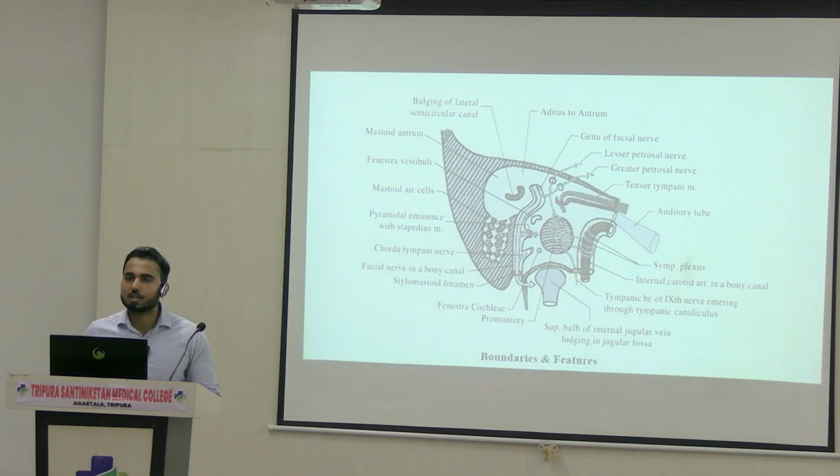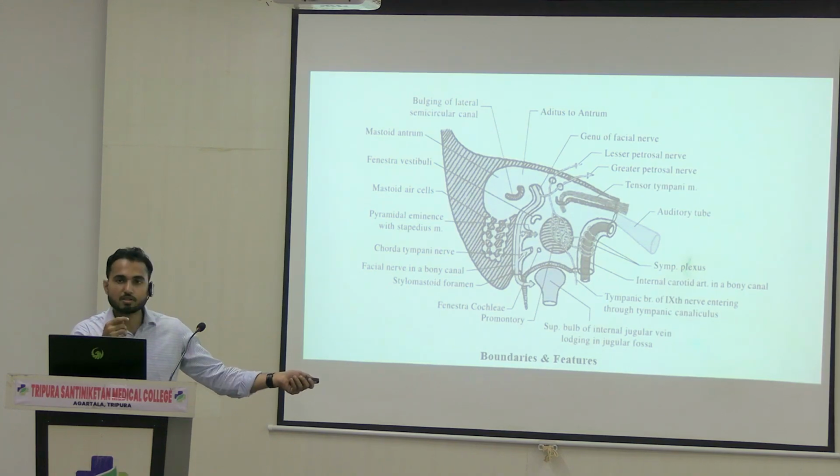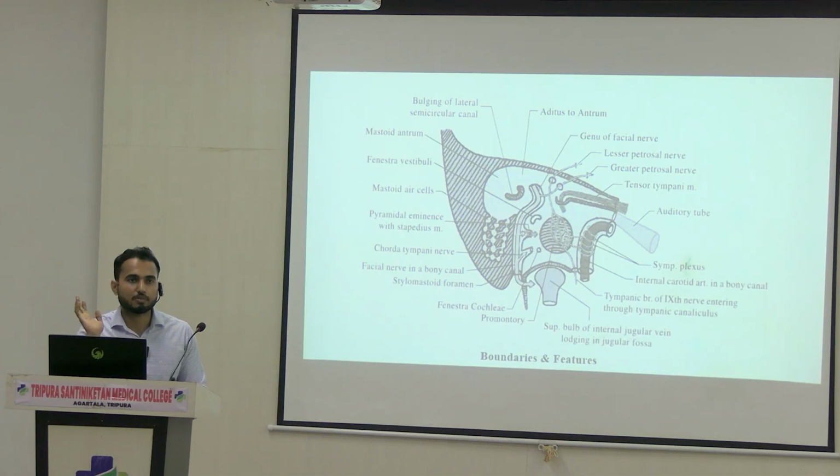So which boundary will come first? Roof. How to study the boundaries? How it is formed and what are the important features present in the boundary. That's it, only these two points.